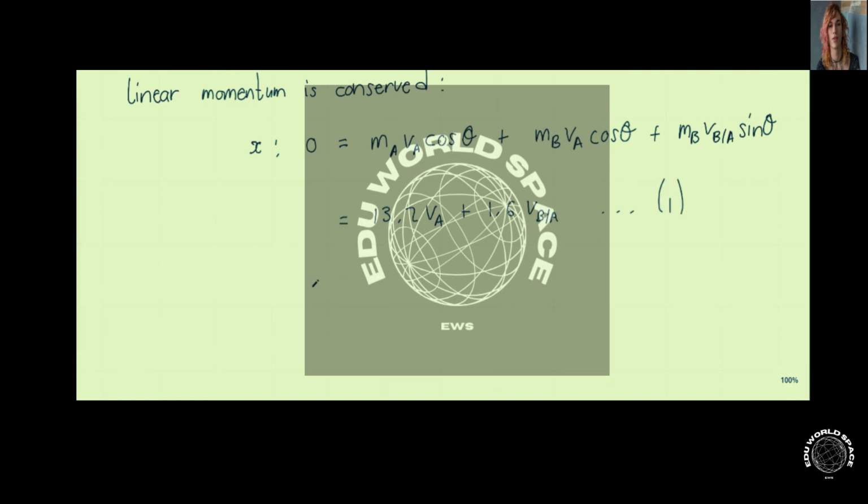We have one equation and two unknowns. If we do the same for the y components of the linear momentum, we get that 2 kgs times 3 meters per second, the initial momentum of satellite B, is equal to the final momenta in the y direction: mA vA sine theta plus mB vA sine theta minus mB vB/A times the cosine of theta.